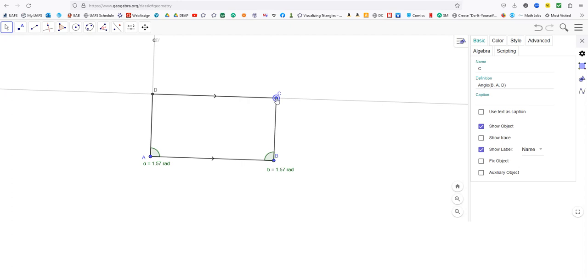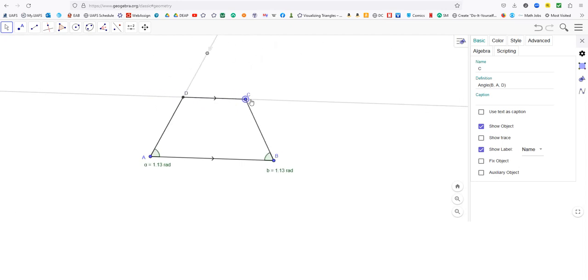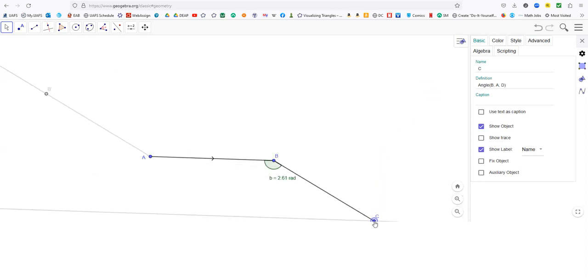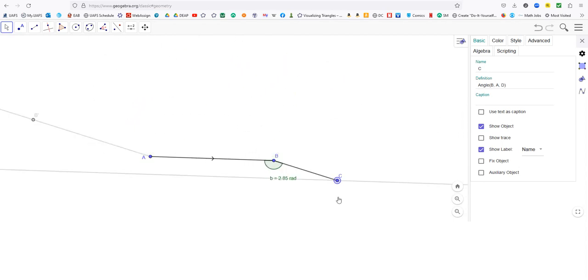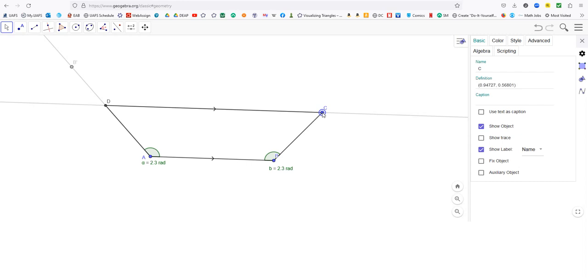Yep, it's working, including you can get a right angle. You can mess it up by making it not simple, but okay, if it's coming down here, that's not going the right direction. So it's not perfect, but it gets us all the different trapezoids here. Okay, so we do have an isosceles trapezoid.